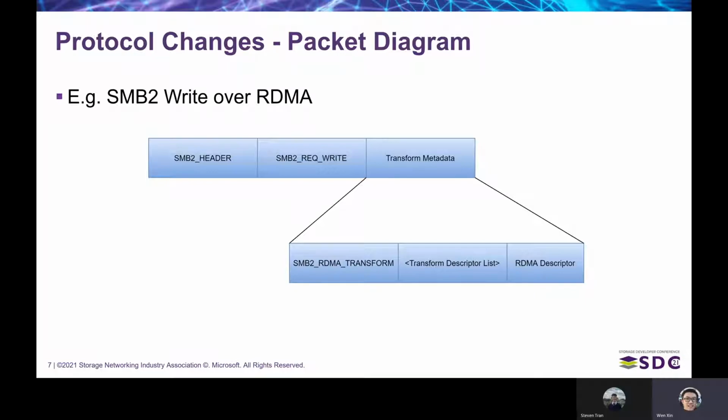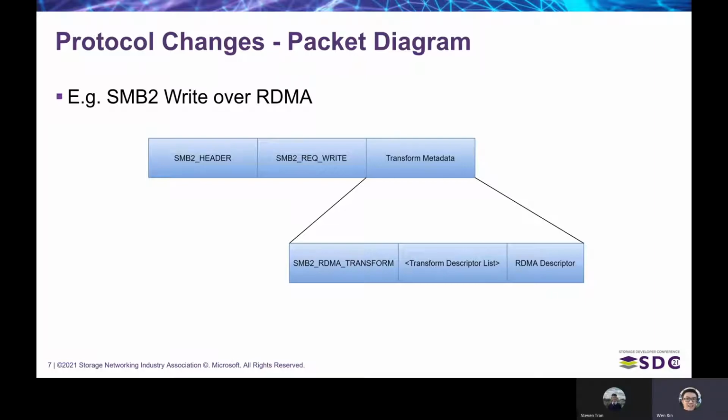Let's use SMB write as an example. The token, which we call the RDMA descriptor, used to be the only thing in the payload, and is now a part of the payload, as you can see on the second row on the rightmost part.